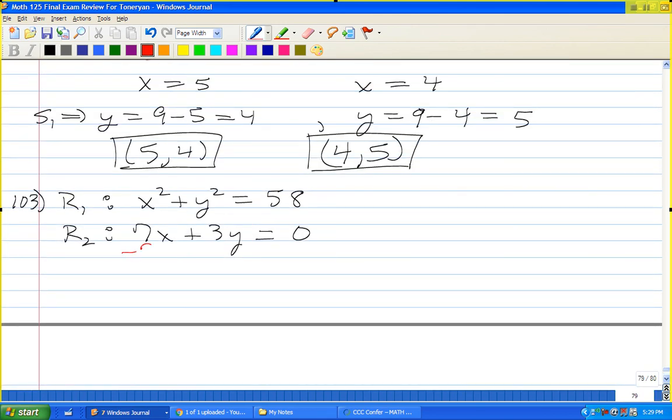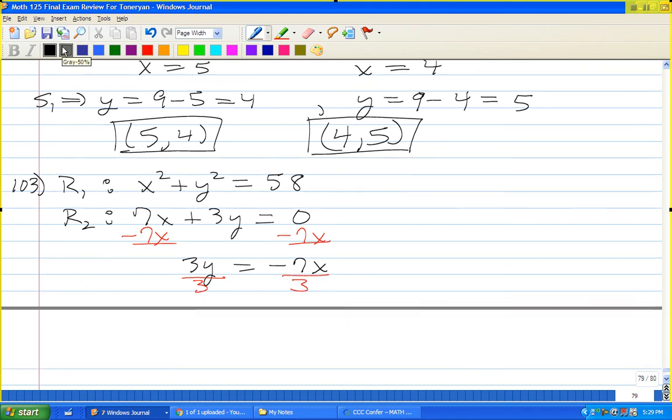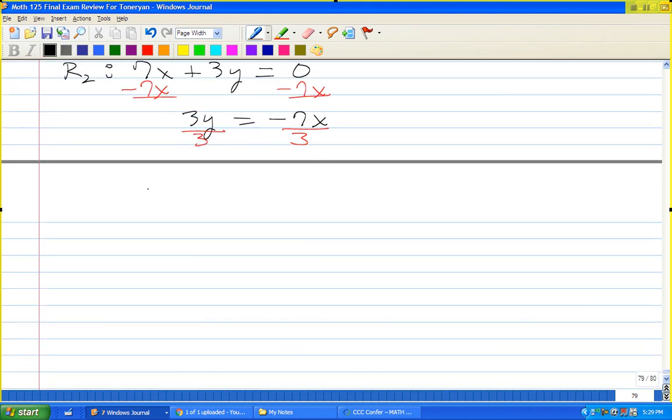Subtract 7x from both sides of my equation. So 3y equals negative 7x. Divide both sides of my equation by 3. And so y equals negative 7/3 x.